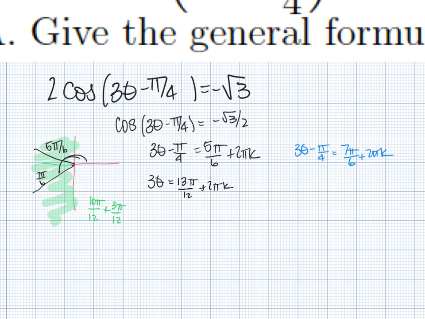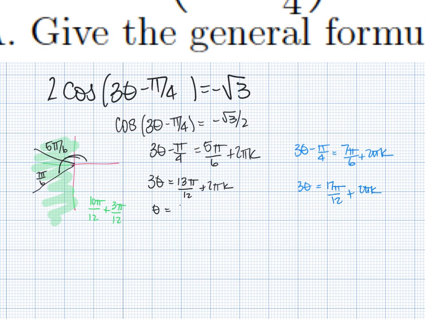I'll do that same work similarly over here. Theta must equal, this 7 will become 14 pi over 12. And when I add 3 pi over 12 to that, I get 17 pi over 12 plus 2 pi k. Now I need to multiply everything by 1/3 in order to solve for just theta.